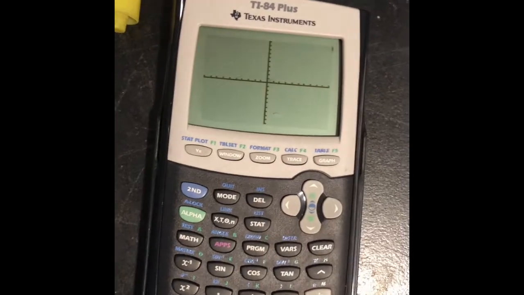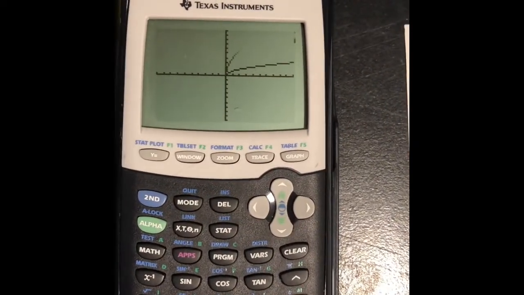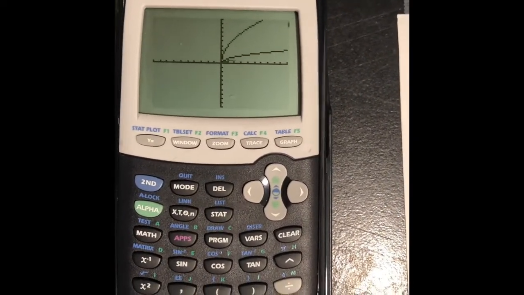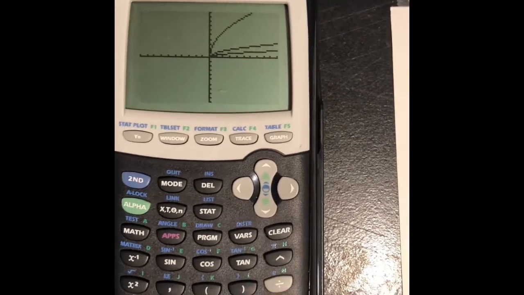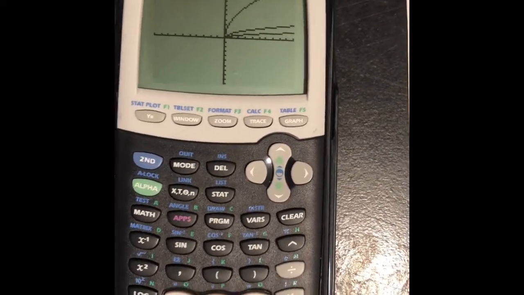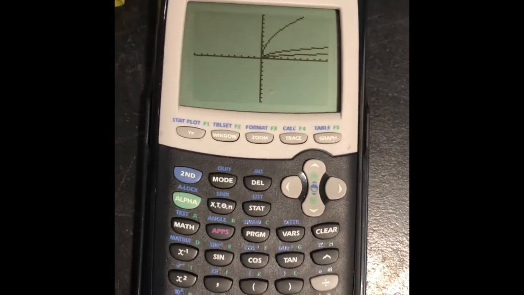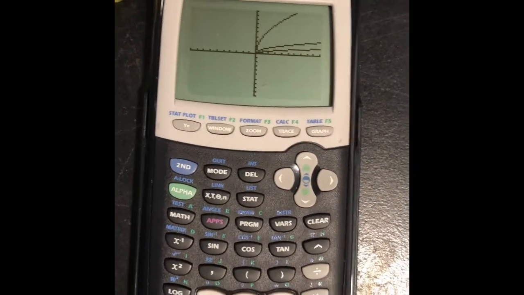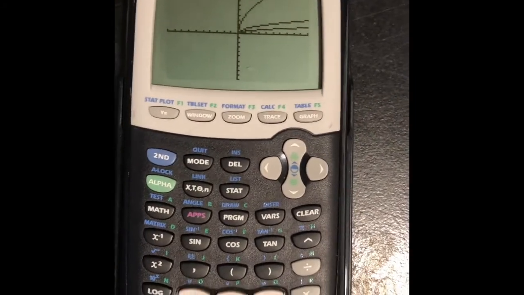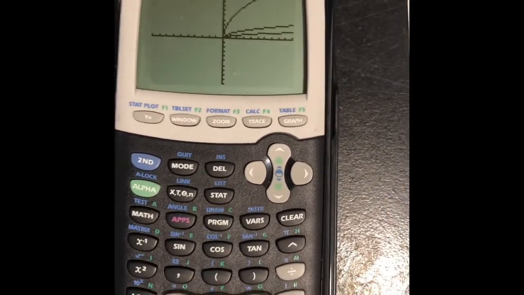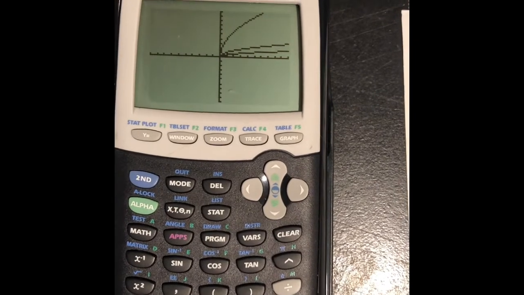What happens? Well, our first one is our parent function. Next, it is stretched. And the third one is compressed. And as you can tell, all of our vertexes right there are 0, 0, 0. And our previous vertex, I forgot to show you, was that negative 2, 3 that we saw.